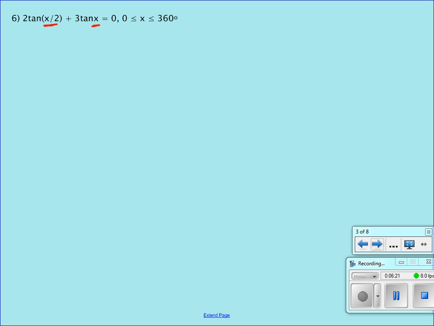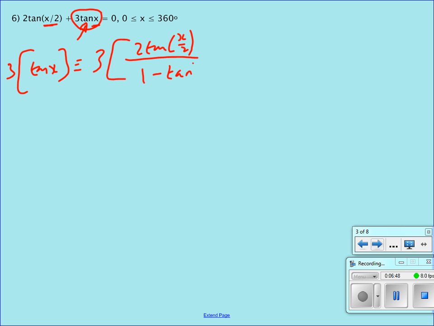So if I turn this tan x in terms of x over 2, I can say that this thing here is 3 times tan x, which is the same as 3 times 2 tan x over 2 divided by 1 minus tan squared x over 2, from our tan 2x, which is the same as 2 tan x over 1 minus tan squared x.